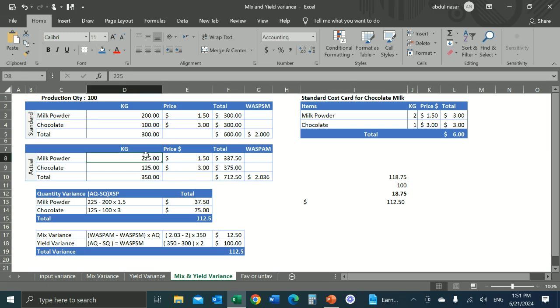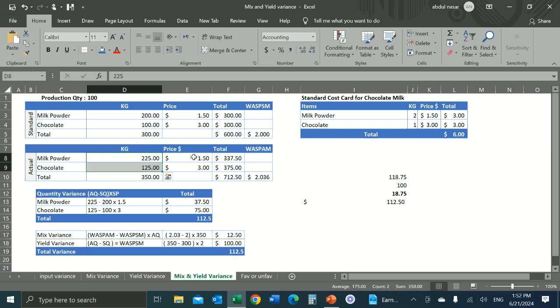So what happened here is you used 225 kg of milk powder and 125 kg of chocolate. So in total you used 350 kg instead of 300 kg, and there is a difference in the mix also.